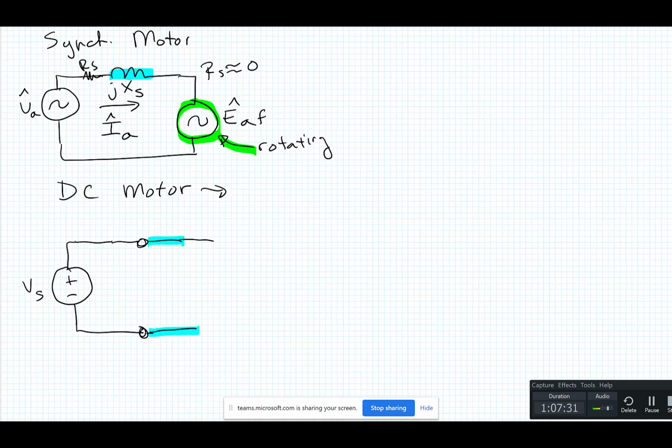The armature winding, remember I said that the commutator is like a conductor, so I'm going to just draw it actually. It's a good way to draw the circuit. These are the brushes. So the current's going through the brushes, and then you've got your rotating part here, which is also associated with the armature.